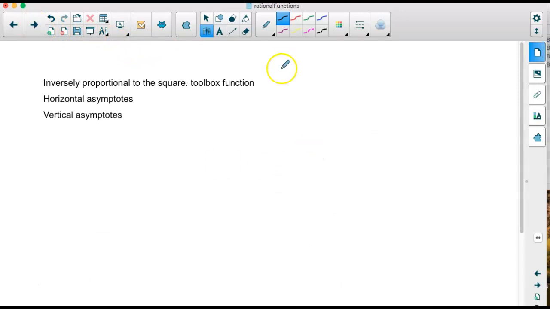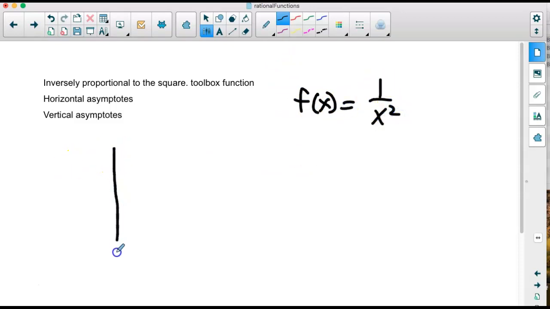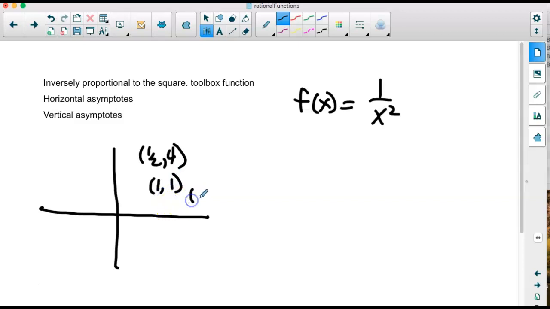Okay, now the inverse square function is 1 over x squared. Its basic graph looks like this. It goes through (1/2, 4), (1, 1), and (2, 1/4).